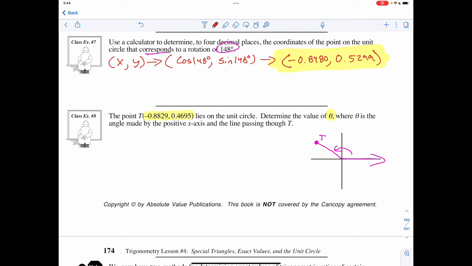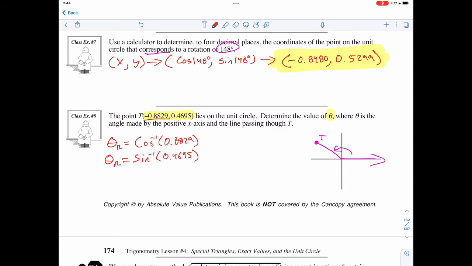And then I can solve my reference angle one of two ways. I can solve my reference angle by taking the positive value of cos and saying if I take cos to the negative 1 of positive 0.8829, or using my y value, sine to the negative 1 of positive 0.4695.